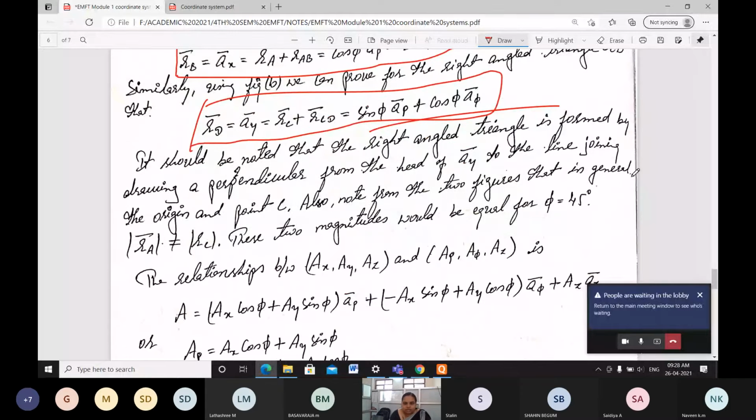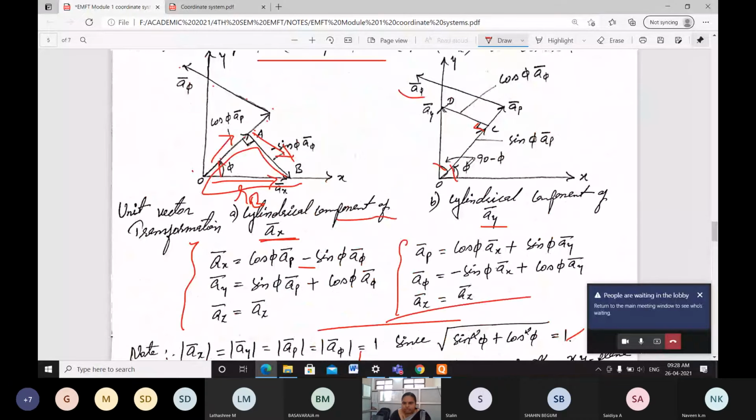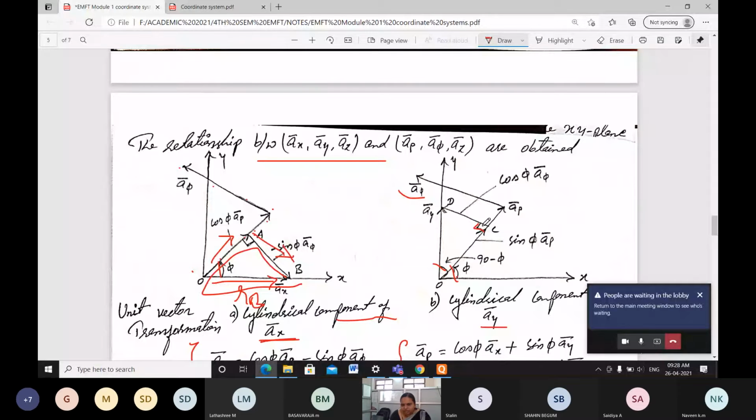Then it should be noted that the right angle triangle is formed by drawing a perpendicular from the head of AY bar to the line joining the origin and point C. Here it is telling that OC is a perpendicular line for the AY.